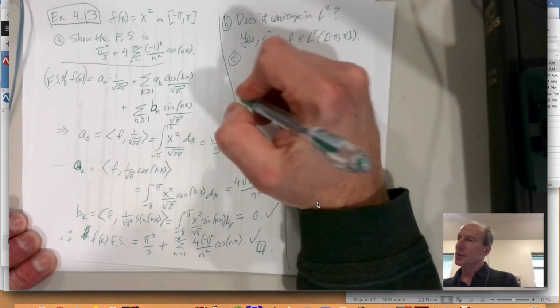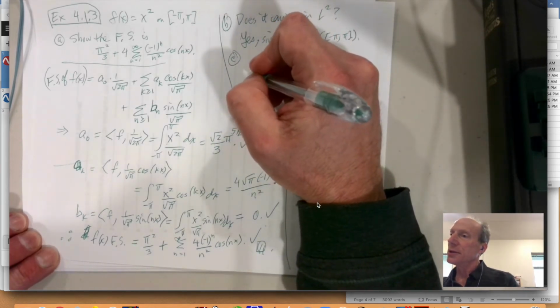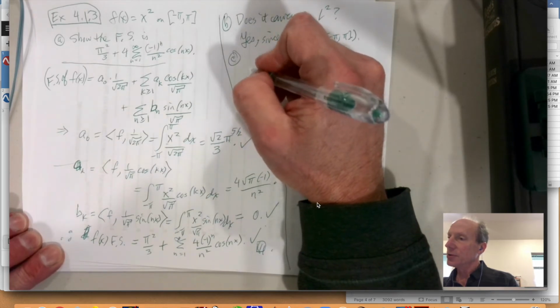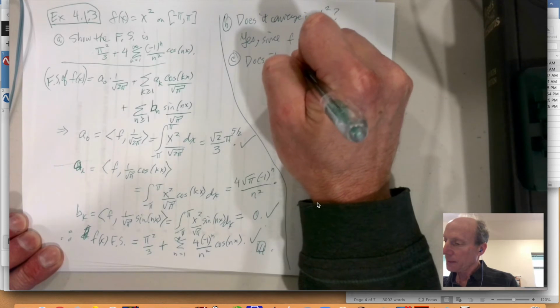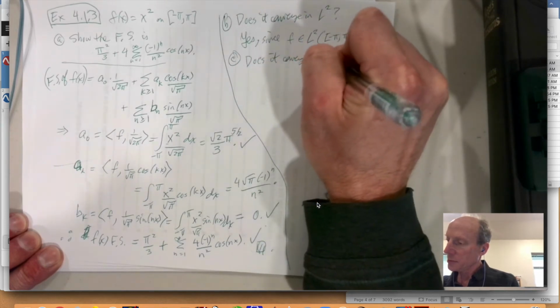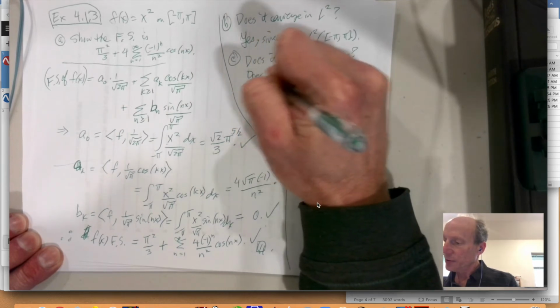And C is, does it converge pointwise? Does it converge uniformly?